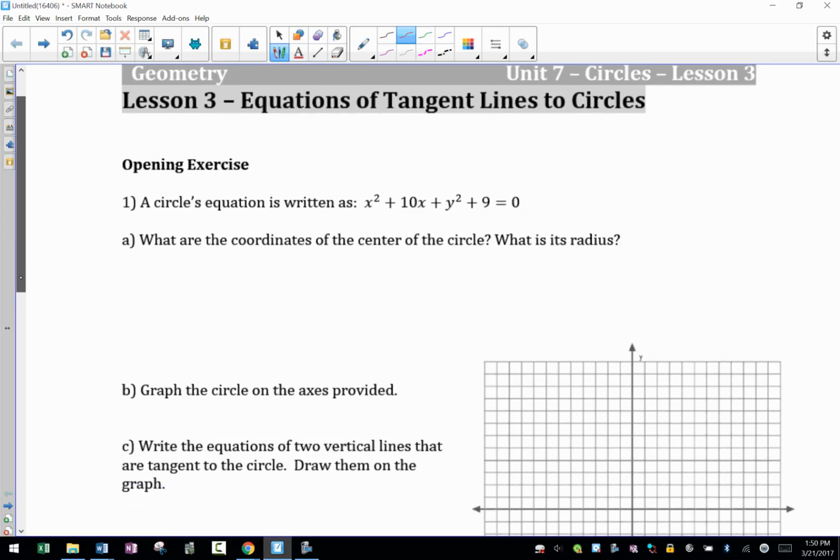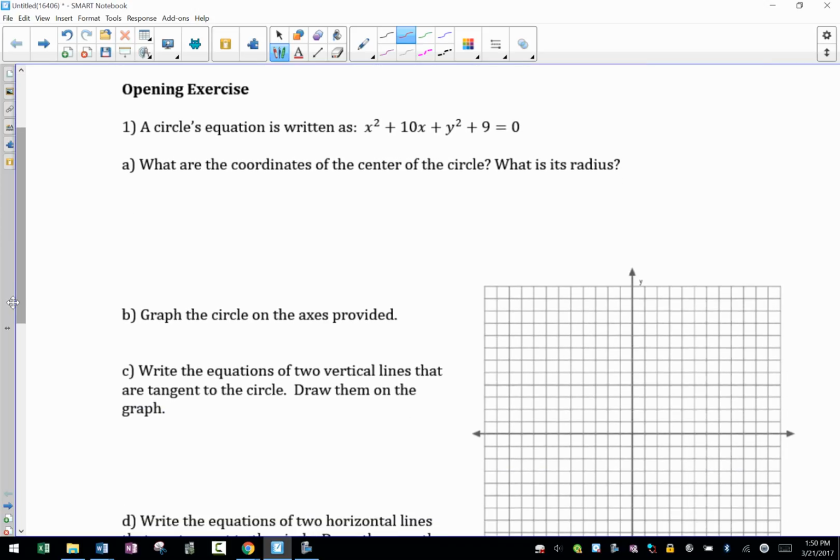So, equations of tangent lines to circles. We already talked about how tangent means it touches a circle. So let's say I have an equation that's written as x squared plus 10x plus y squared plus 9 equals 0. If I want to find the center and the radius of the circle, I would have to write it in standard form. So I'd have x squared plus 10x plus something, plus y squared, and I'd move that 9 over, and I'd have negative 9 over here.